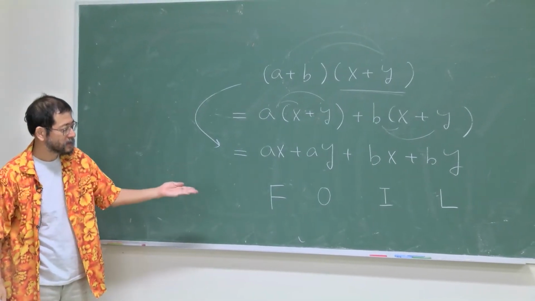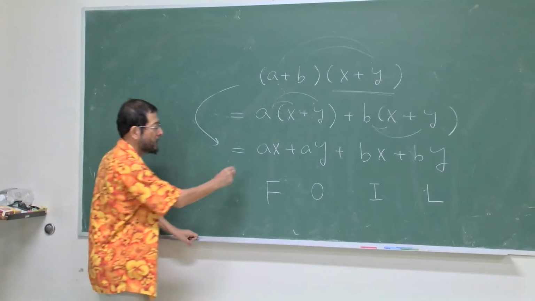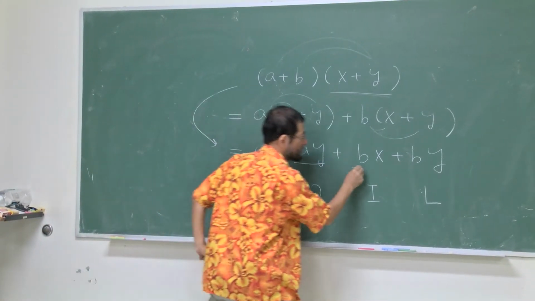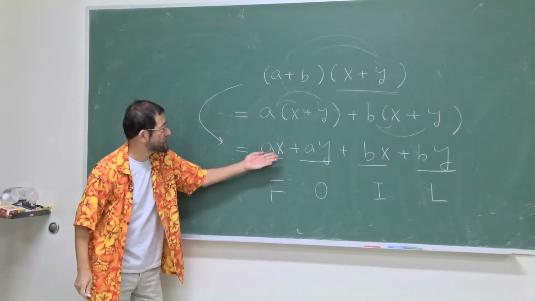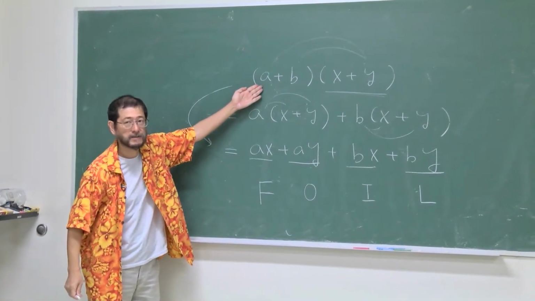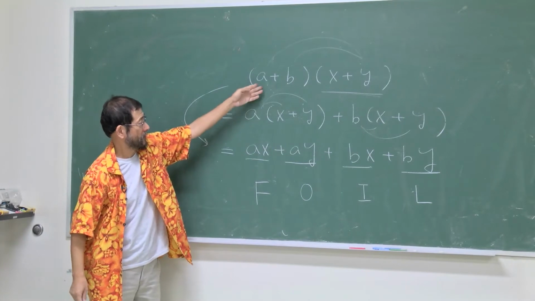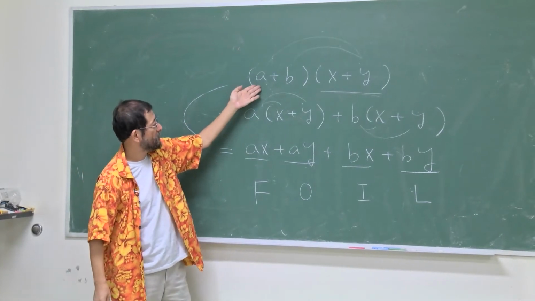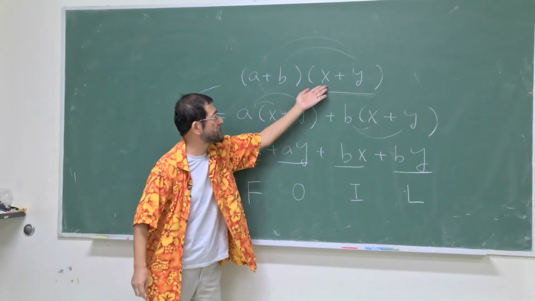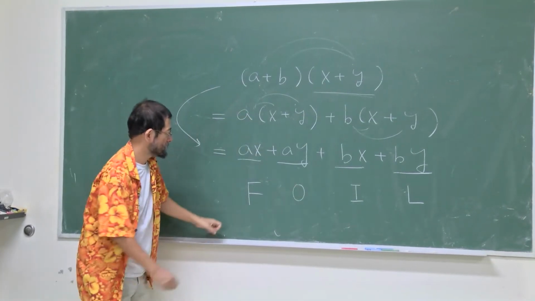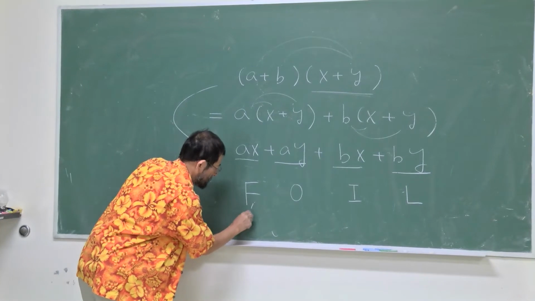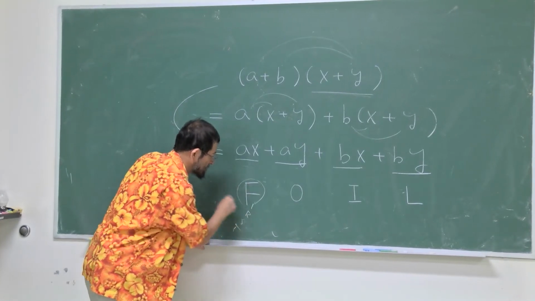So each letter just stands for each term. For example, a times x just comes from the first piece of a plus b, and the first piece of the other binomial x plus y. So that's why F stands for the first.